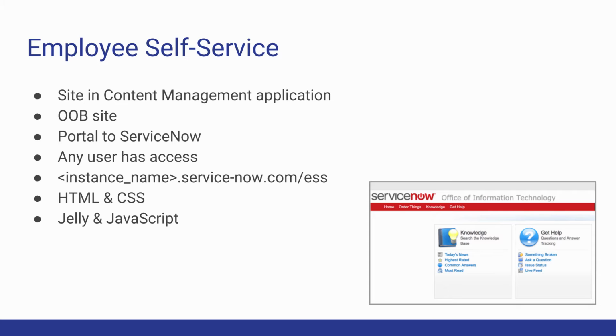Administrators can create pages from scratch using HTML, CSS, Jelly, and JavaScript. By default, this site is available to all users by entering /ESS at the end of the URL. So the URL would be instance-name.service-now.com/ESS.